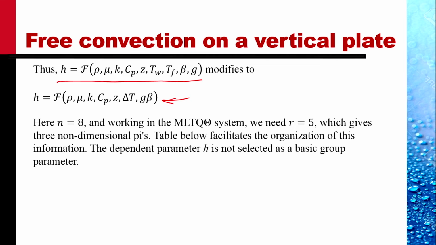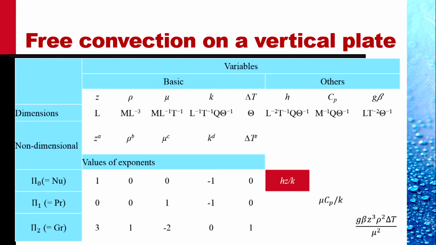The dependent parameter h is never selected in the basic group of parameters. So we have chosen the basic group as z, rho, mu, k, and delta T, 5 of them, independent and complete.